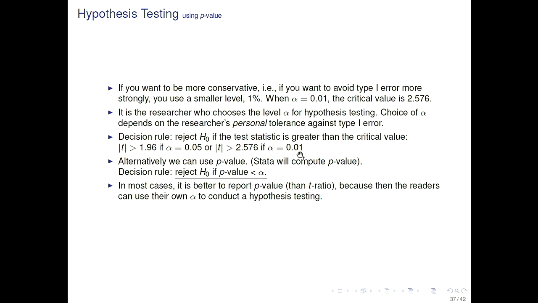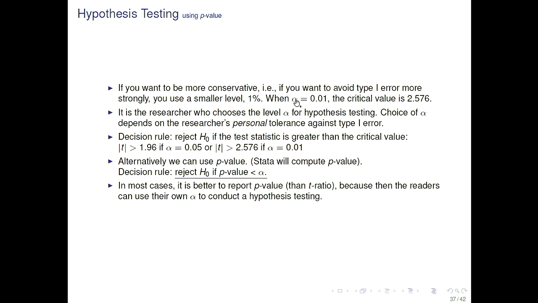If you want to be more conservative, you want to reject the null hypothesis only when you have much stronger statistical evidence, then you can be more conservative. So in that case, your level will be smaller. Another widely used number for level is 1%.